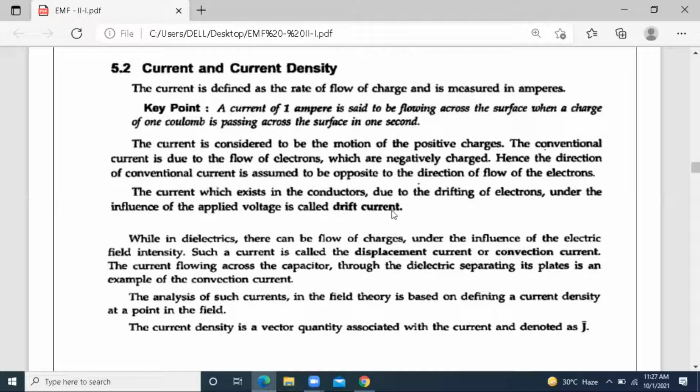Sir, it's drifting in space, not flowing through the conductor. Yes. So would the drift current be like what happens in a PN junction? Sir? No, the PN junction.